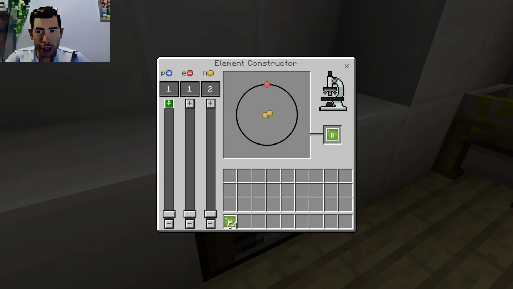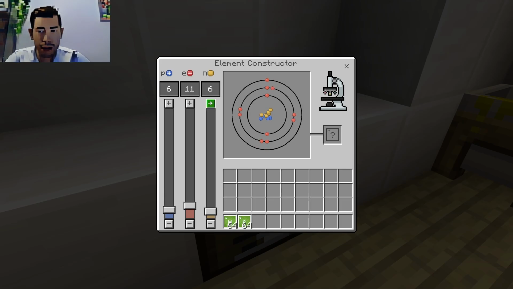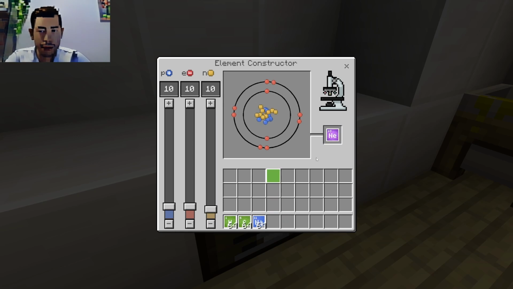And to get the carbon, we need to put 6 protons, 6 electrons, and 6 neutrons. And this way we can get the carbon. And oxygen, I believe it was more. This is sodium. This is neon. This is fluorine.